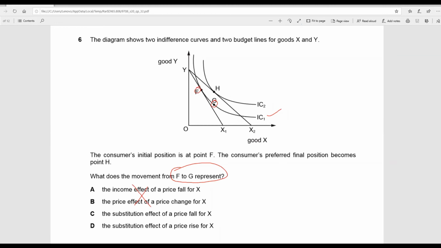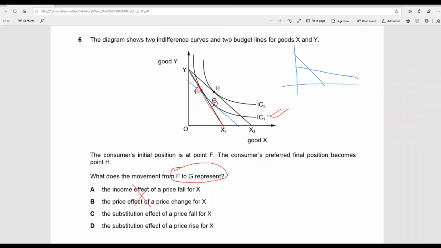If there is a fall in the price of X, at point F you can see that the budget line is YX1. This is the budget line. And point G is on the same IC curve, IC1, but its budget line will be different. We can draw another budget line here to show the tangency point at G. When two lines cross each other, it is the substitution effect.